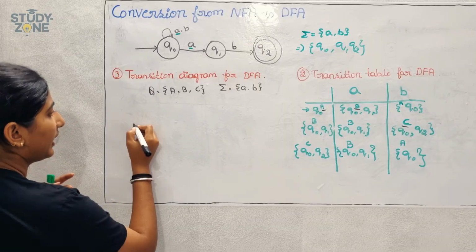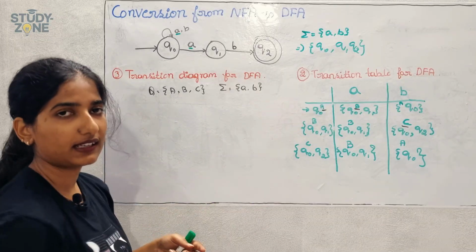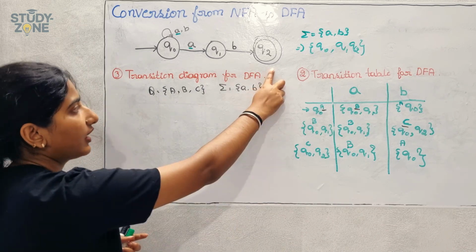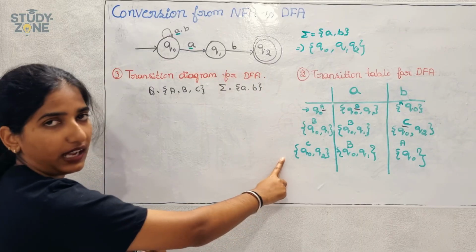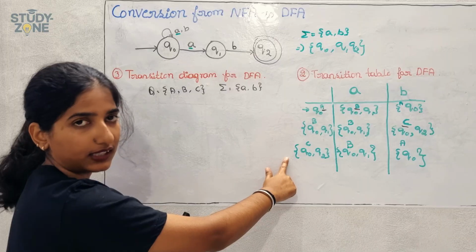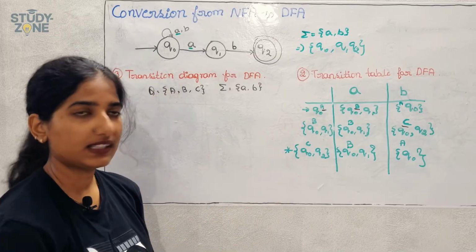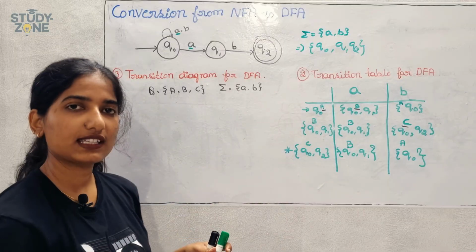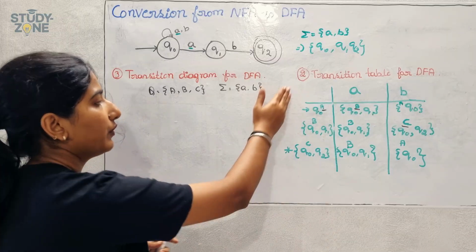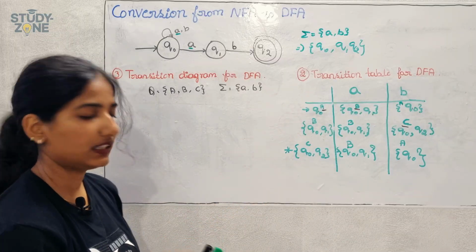Q0 will be the starting state. Which one is the final state? We check which transitions have Q2. Only the third has Q2, so this one will be the final state. Whichever has Q2, we consider it a final state.